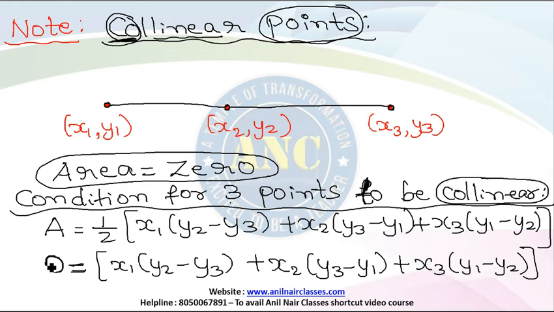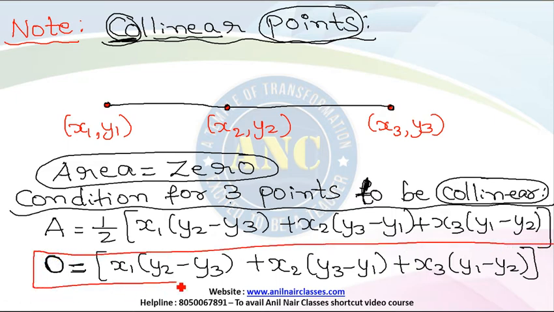Very, very important condition. You will usually learn this condition by heart, but I told you not to, because I have given you the proof of that also in a very simple language. I hope the idea is very, very clear. If the 3 points are collinear, that means area is 0 because they cannot form a triangle. Simple.